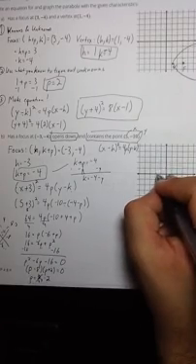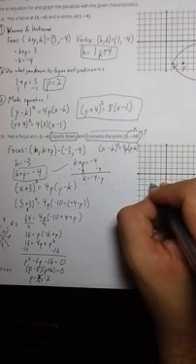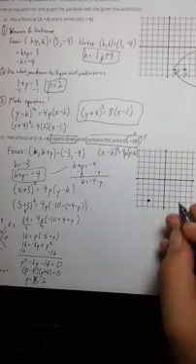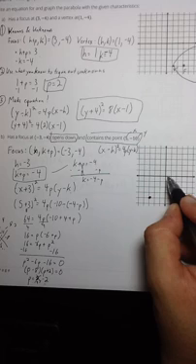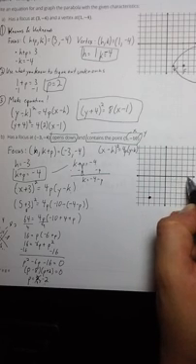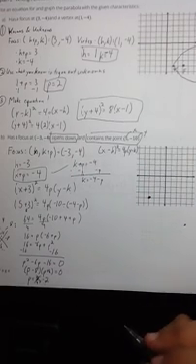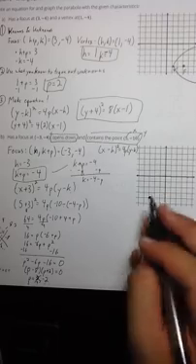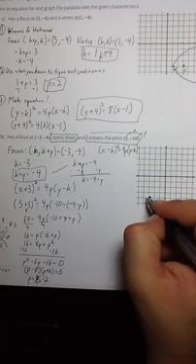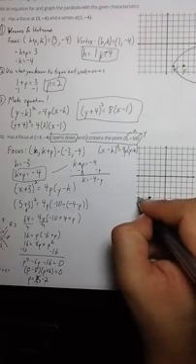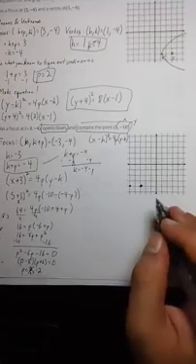Let's see, if we look on the graph, it opens up and it contains the point 5, negative 10. That's going to be way down here somewhere. So if this is the focus, the vertex is going to probably lie somewhere over here.